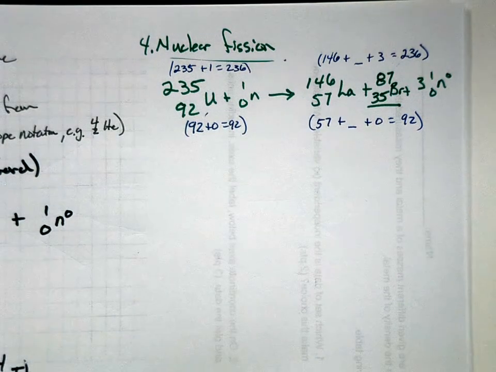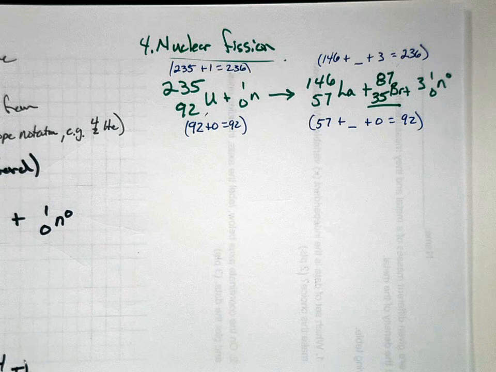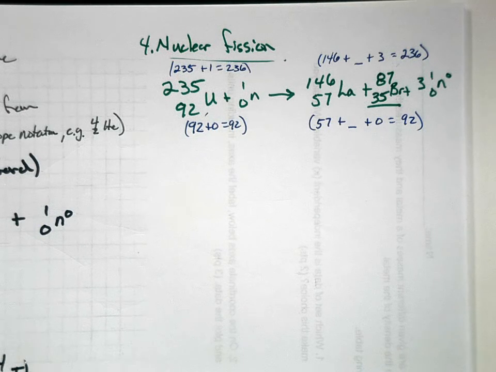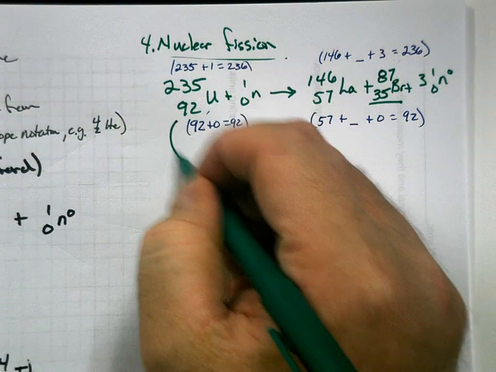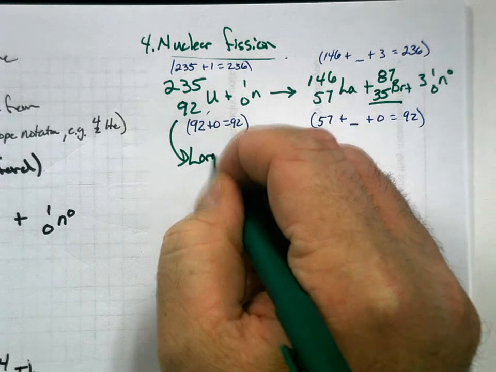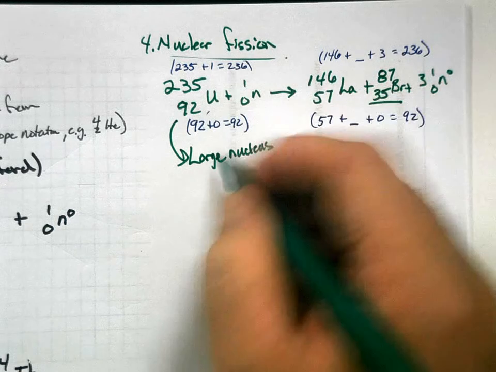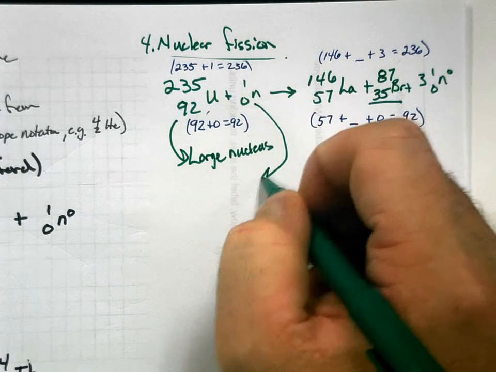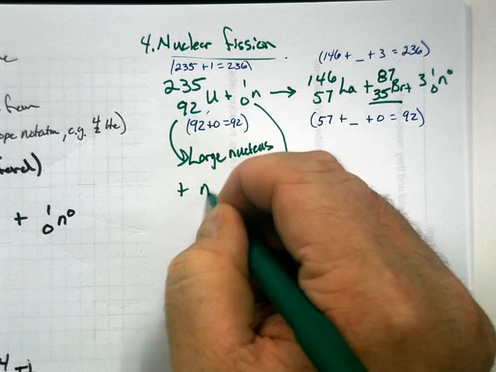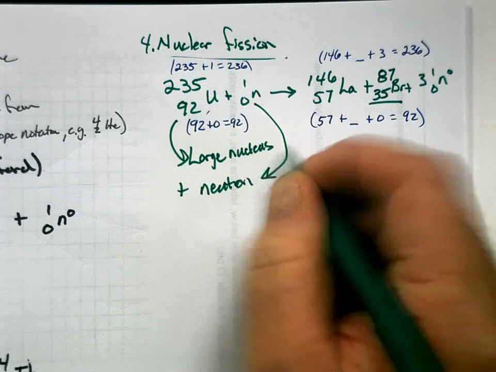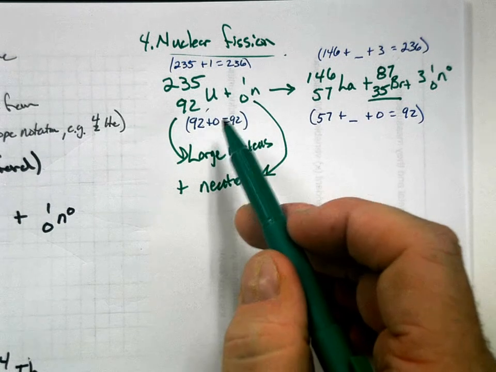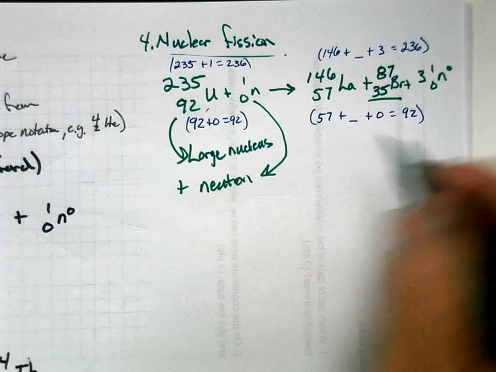Okay, so to identify what kind of equation this is, it's going to give you a large nucleus plus a neutron on the left.